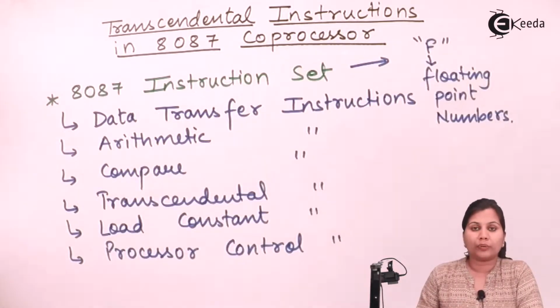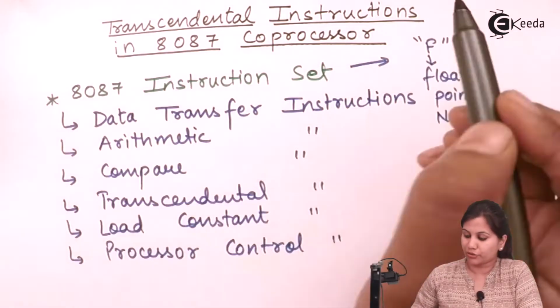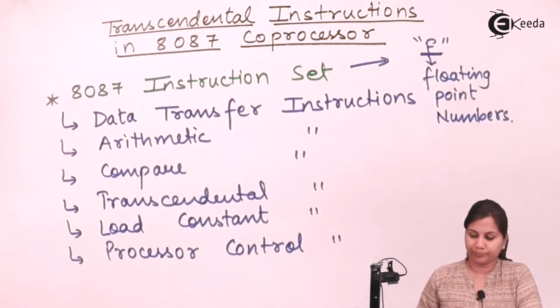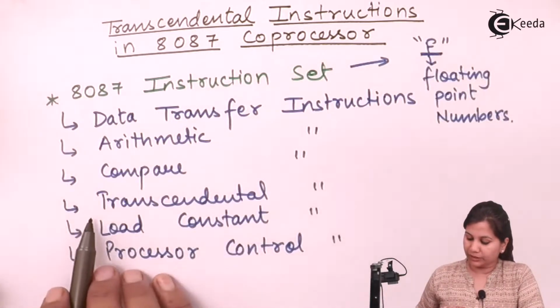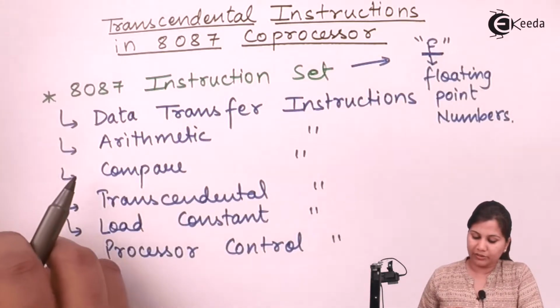So when we see the instructions of 8087, every instruction will have F as its starting alphabet. Now let's start with the transcendental instructions, which are also called the trigonometric and exponential instructions.